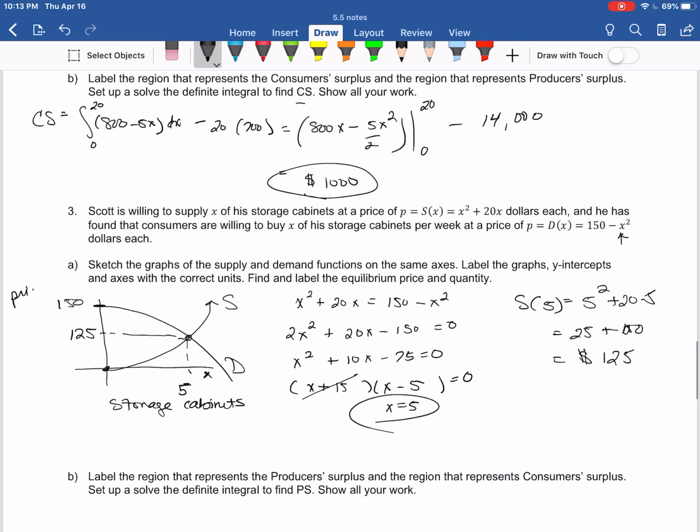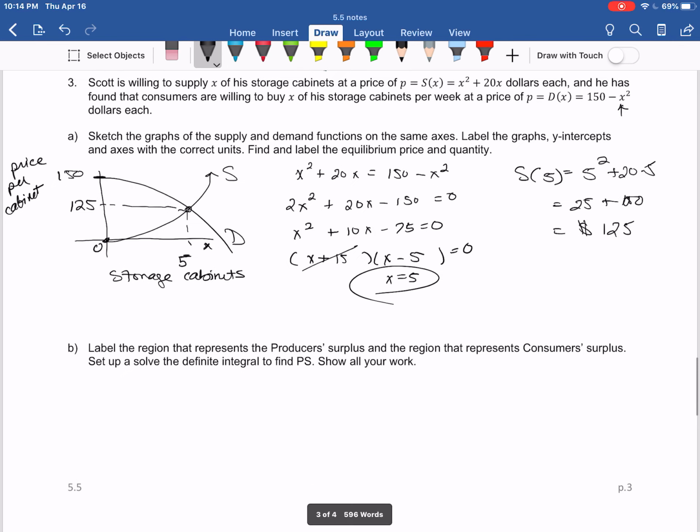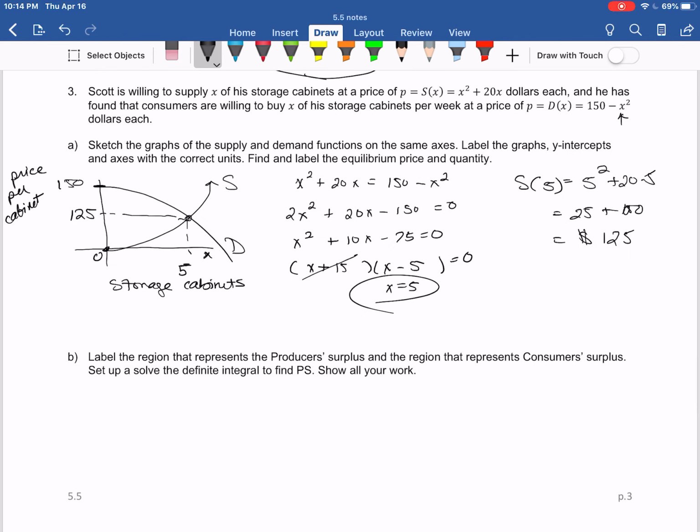Price per cabinet. The y-intercept for supply is at 0 and for demand is at 150. I labeled those. Anything else? Correct units, done. Label the graphs, S and D. Yeah, looks good.